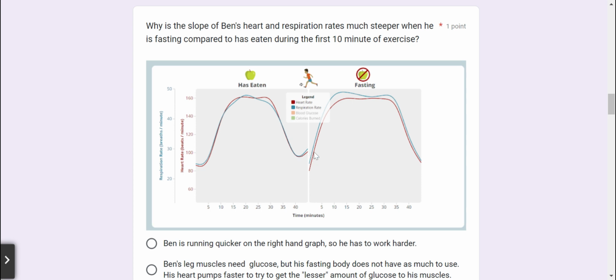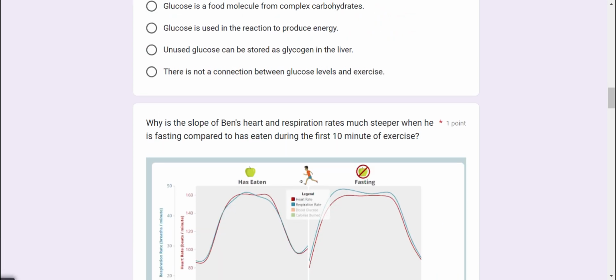What's the pattern? And then you can see what's going on here between respiration being blue and heart rate being red when he's not eating, when he's fasting. So why is the slope of the line in Ben's heart and respiration rates much steeper when he is fasting? So this one compared to when he's eaten.